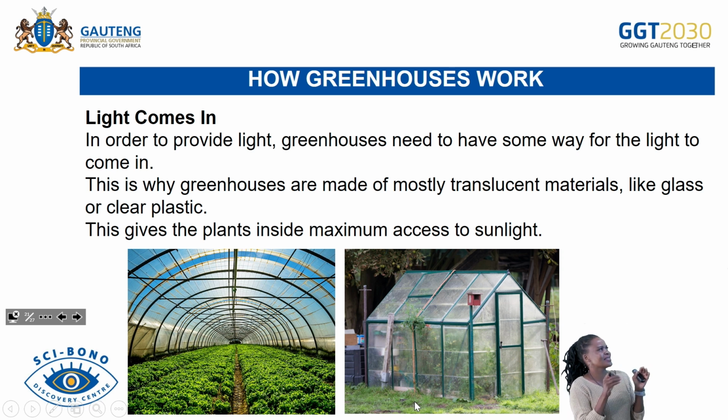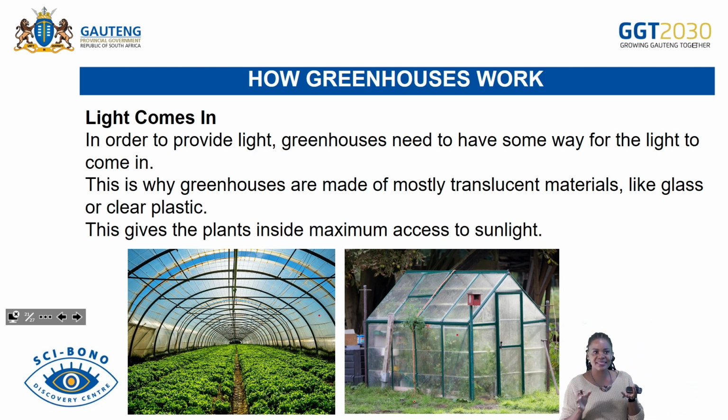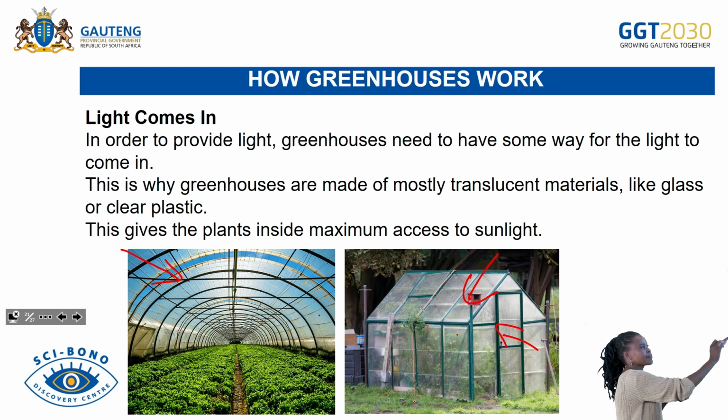Now, how does light come into greenhouses? In order to provide light, the greenhouse needs some way for the light to come in. Because the structure is made up of transparent glasses, it is able to allow the light to pass through and enter the house, because it is made up of transparent glasses or clear plastics.